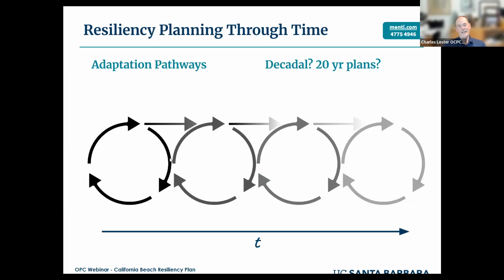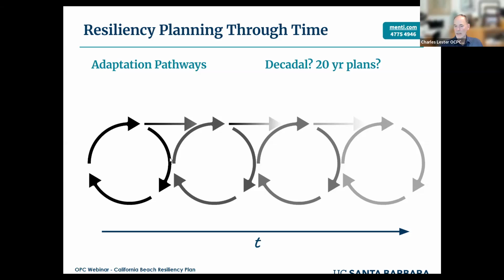And so just taking a step back, those are the 8 steps, but how are we to think about this through time? I think it's worth noting that, at least in my mind, adaptation planning is never really finished. It's a cycle of cycles. This is conveying the idea that once you go through those 8 steps, you're going to start the next step. So something to think about is, is this a decadal sequence?